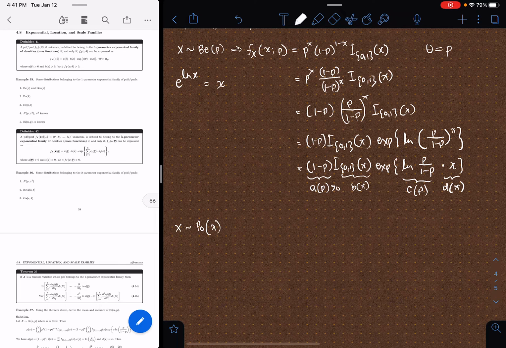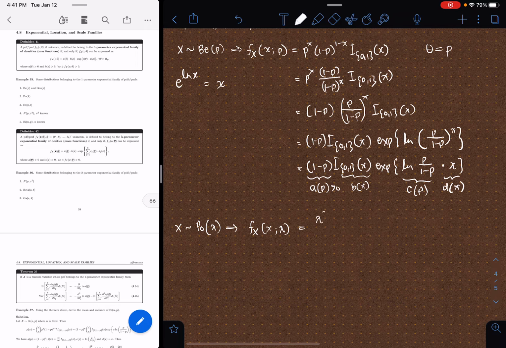Lambda. Ano yung mass function nito? This is not p, this should be lambda.